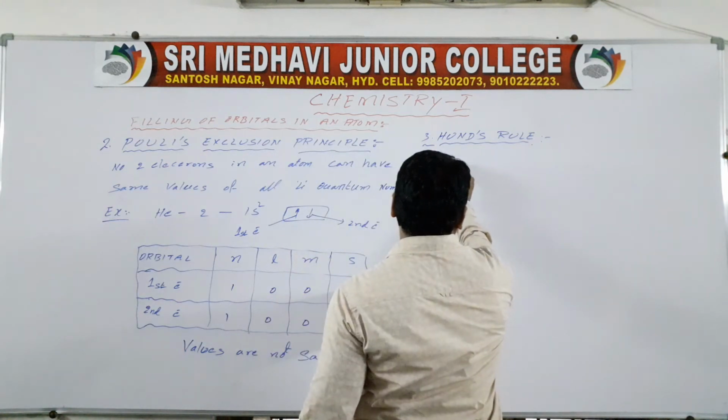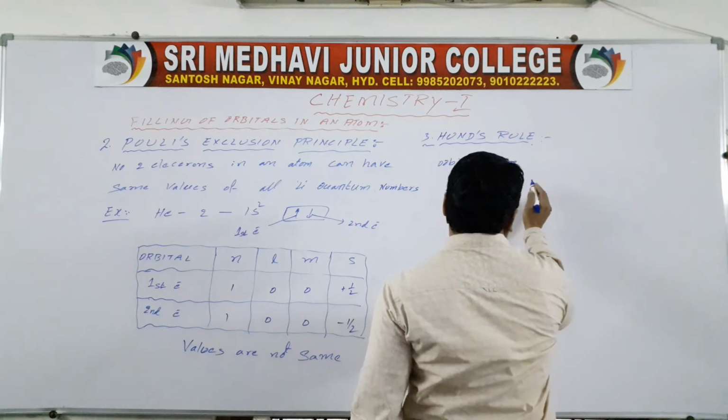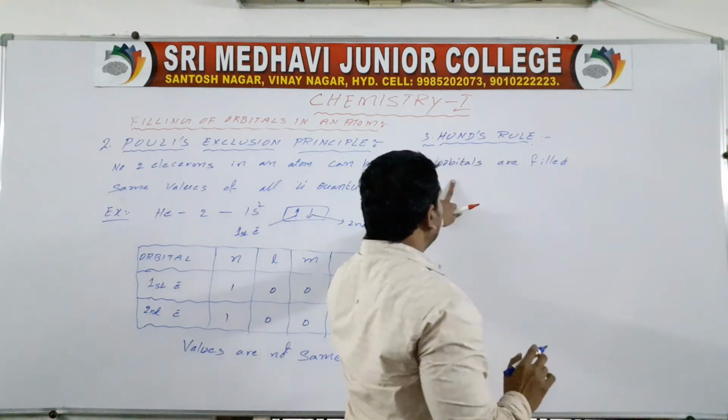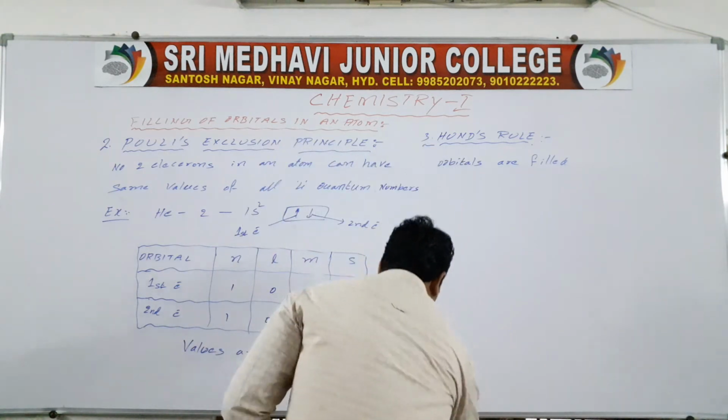Orbitals are filled means each orbital is filled with at least one electron.